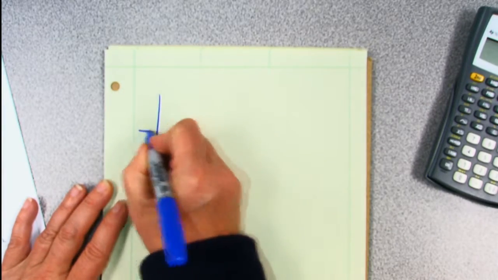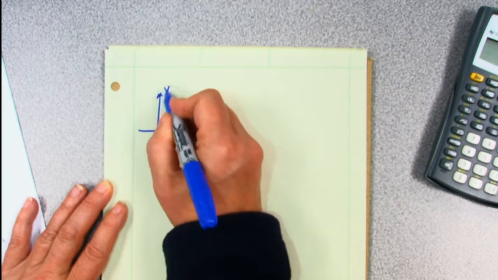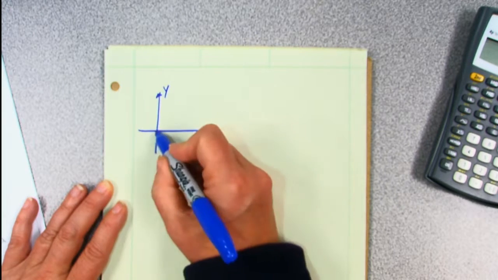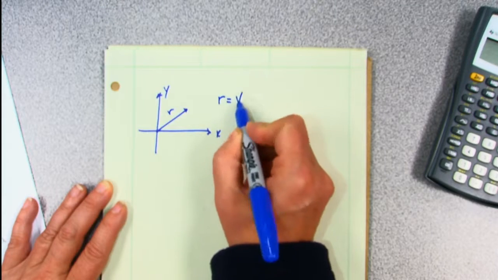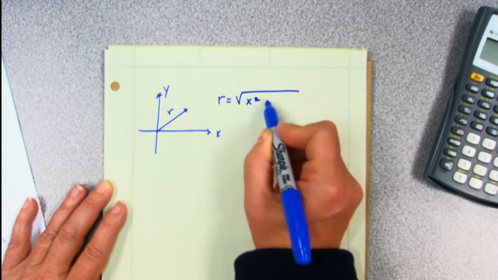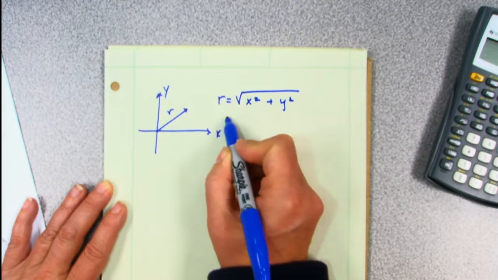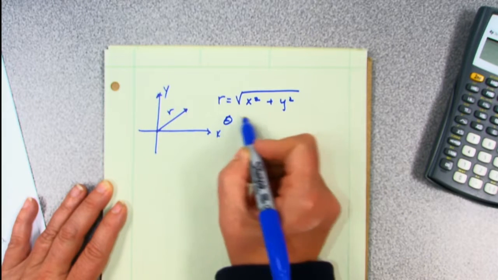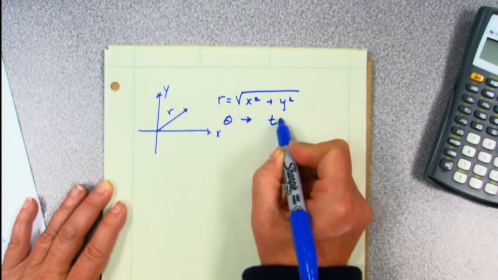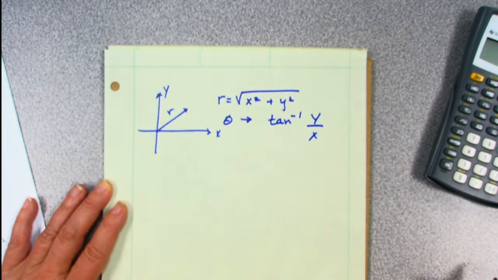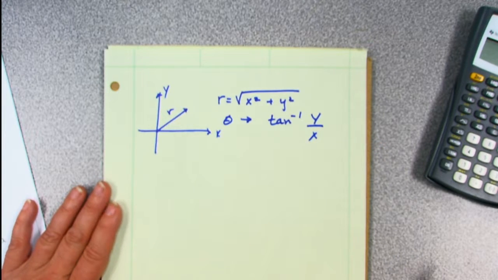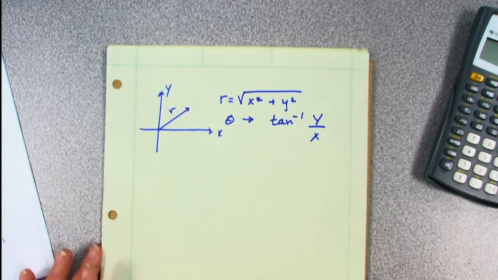If I'm in my coordinate system here, this is my y and this is my x, r is going to equal the square root of x squared plus y squared. My angle goes back to the arctangent of y over x, just like we've been doing all along with those vector quantities.